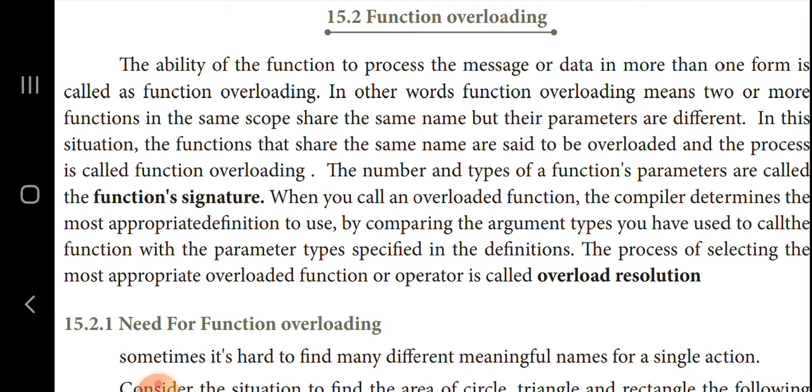Function overloading means two or more functions in the same scope share the same name, but their parameters are different. Here in this example, the name of the function is draw. It can draw different shapes based on their parameters. Parameters are nothing but the message or data passed to that function.